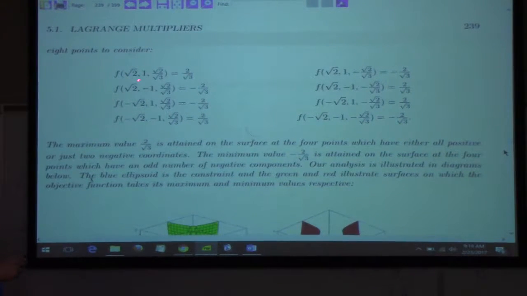You got plus, plus, plus; plus, minus, plus; minus, plus, plus; minus, minus, plus; plus, plus, minus; plus, minus, minus; minus, plus, minus; and minus, minus, minus. And, okay, so as you can see, maximum, maximum, maximum, maximum, minimum, minimum, minimum, minimum.